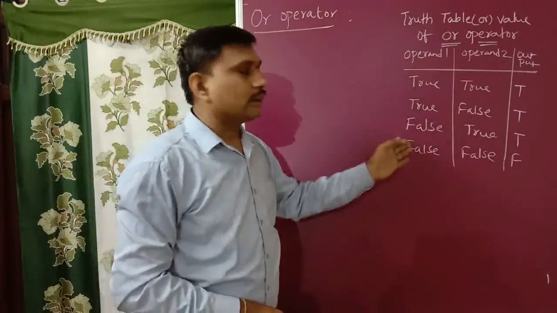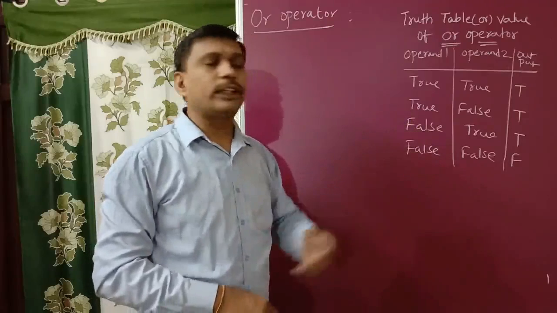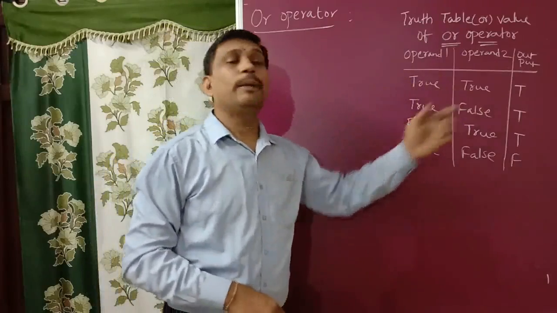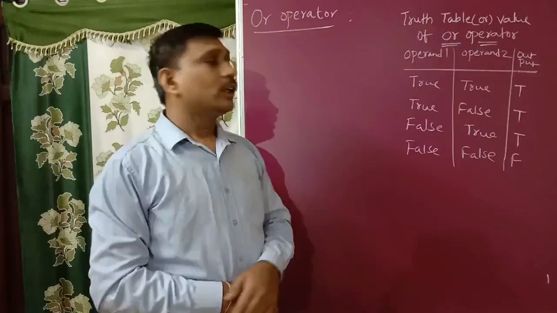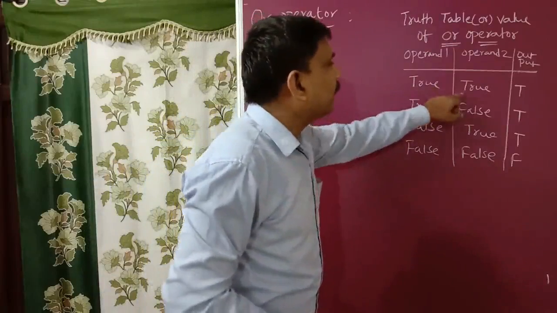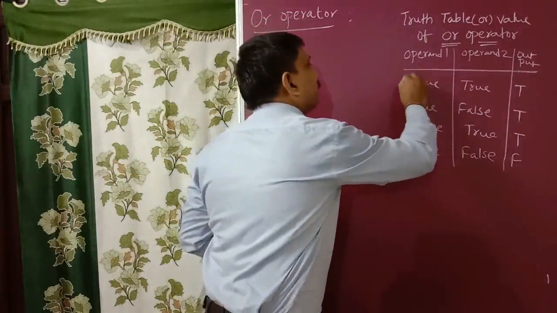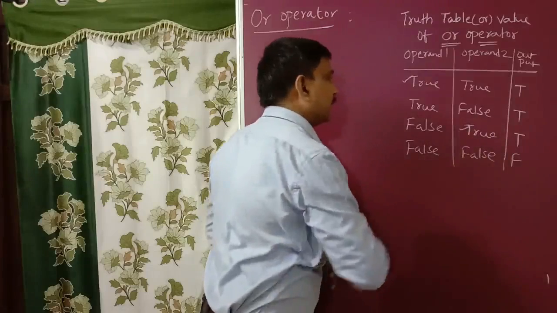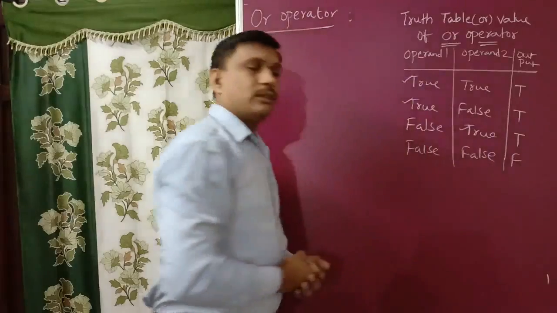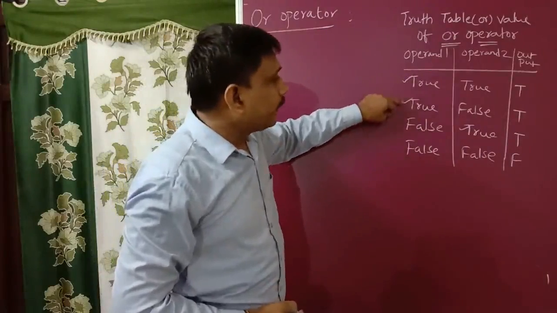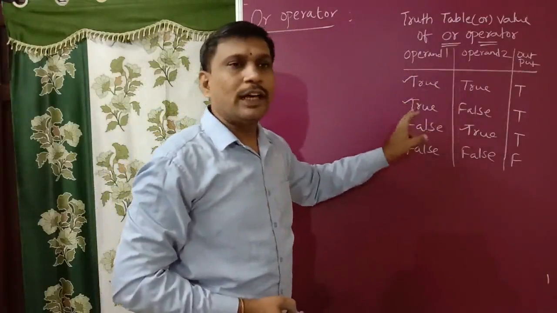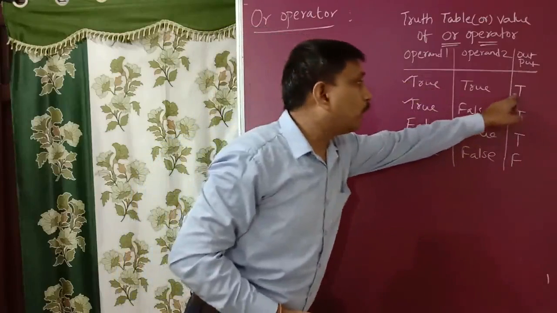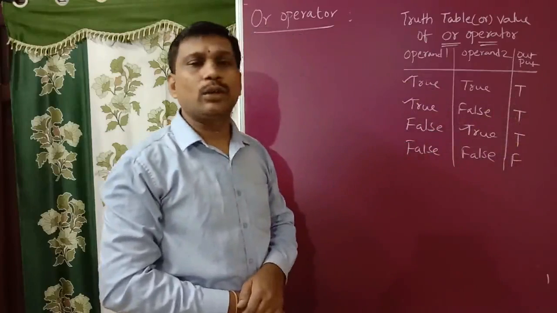So when we analyze this truth table of the or operator, we observe that if any one of the operands is true, the output returned by this operator is true.